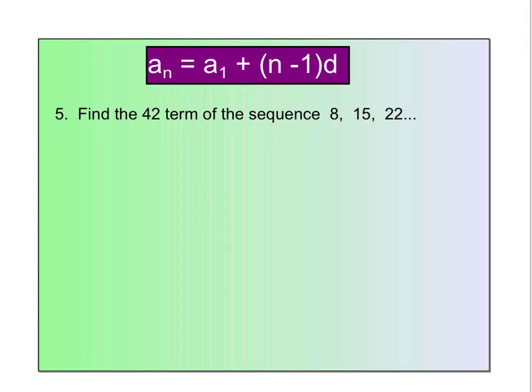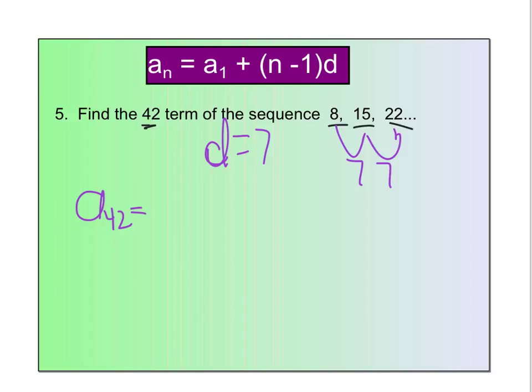So find the 42nd term of the sequence 8, 15, 22. Common difference here, 7, 7. So my common difference is going to be 7. To figure out a sub 42, I'm going to take 8 plus 41 times 7.